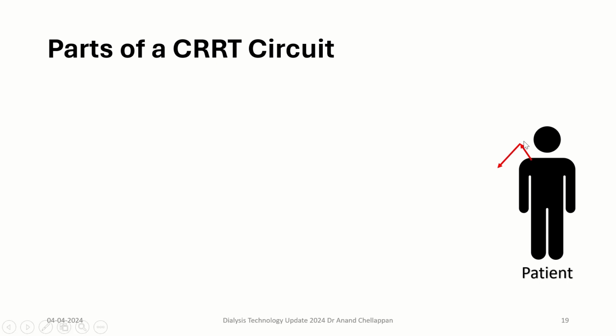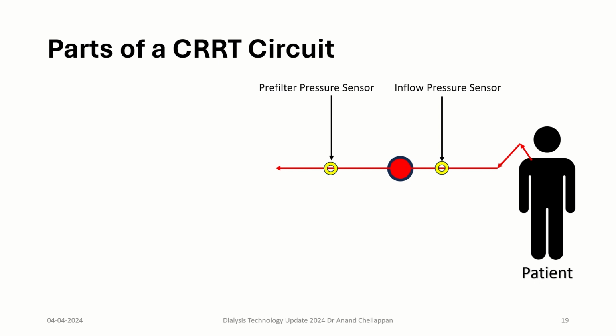So the blood is drawn from the patient through the vascular access, which is placed in a large vein, and this passes through this segment to lead into the CRRT dialyzer or the CRRT filter. And this part of the circuit contains the inflow pressure sensor, the roller blood pump, and the pre-filter pressure sensor.